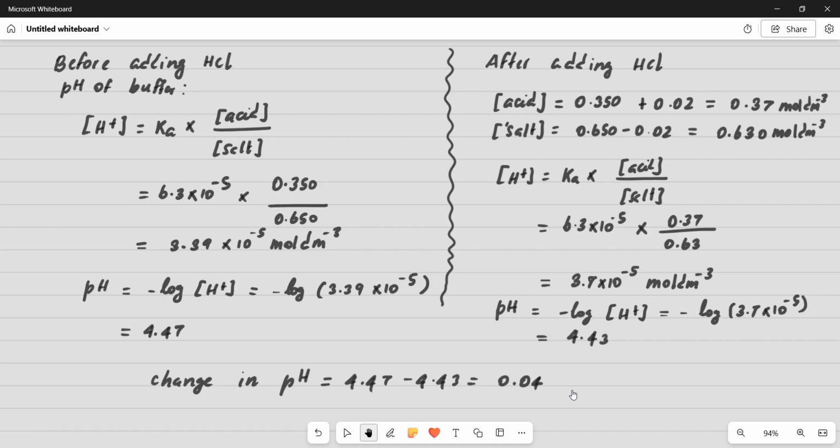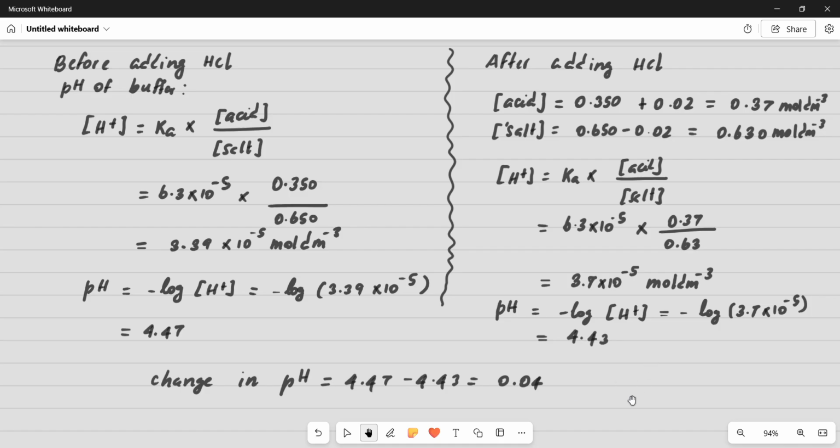Then follow the regular procedure to calculate H plus and pH with the negative logarithm of H plus ion. So you will get the pH after the addition of HCl. Then take the difference, and you will get the change in pH. You can use the other equation for the pH of a buffer.